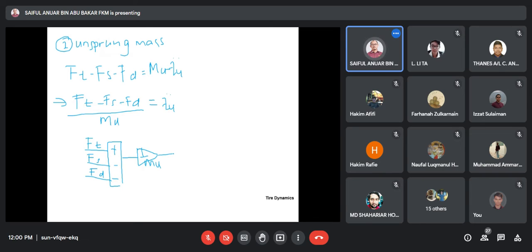Then the output is your Zu double dot, and then we do a single integrator to get the velocity of the unsprung mass, and then we do another integration to get Zu.